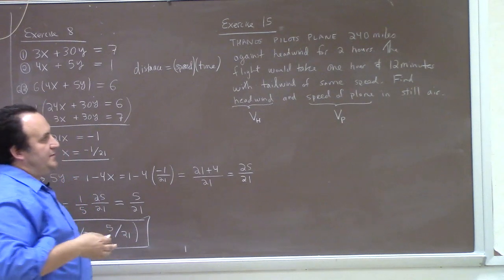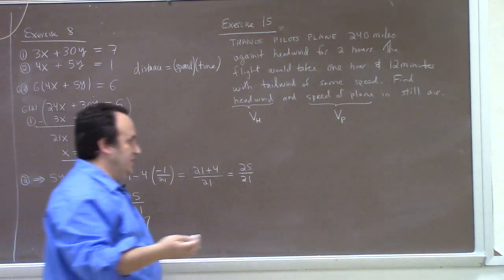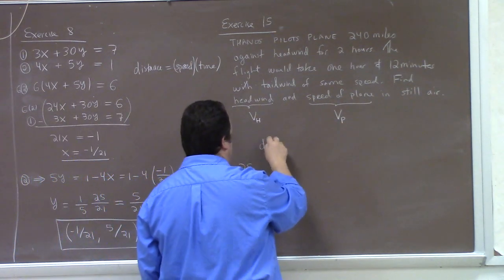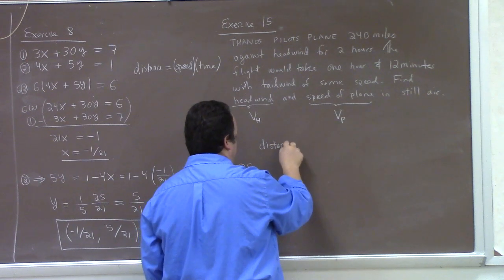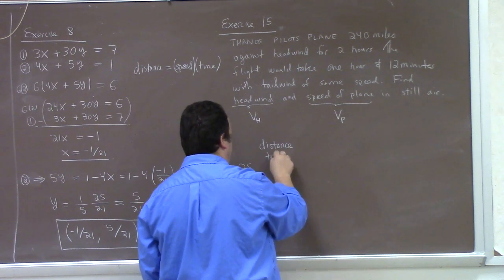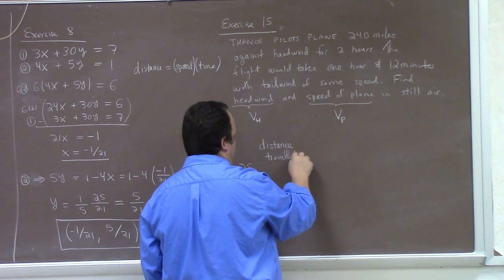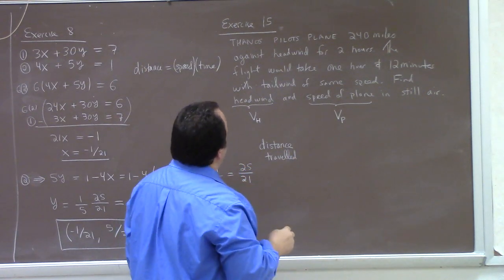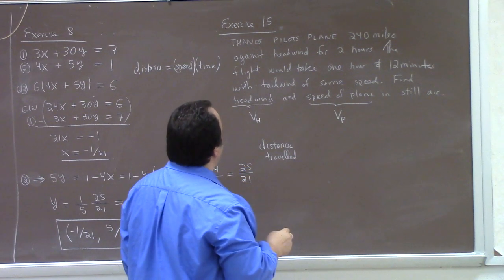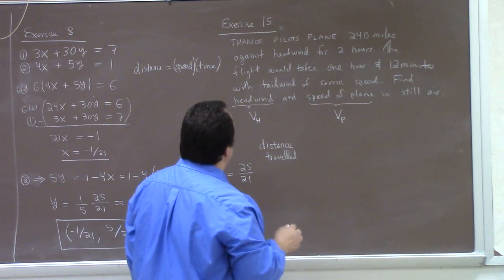Distance is speed times time. So the distance that the plane travels, right? Now, are we told that? Oh, yeah. Let's see here. So that's 240 miles.